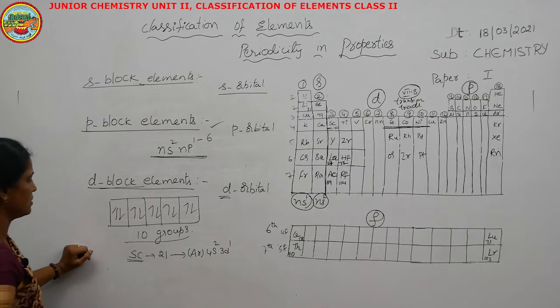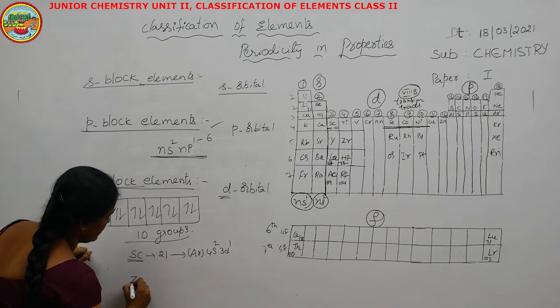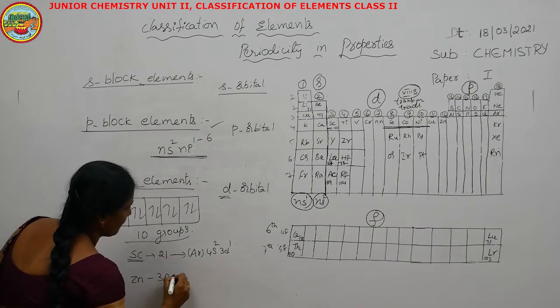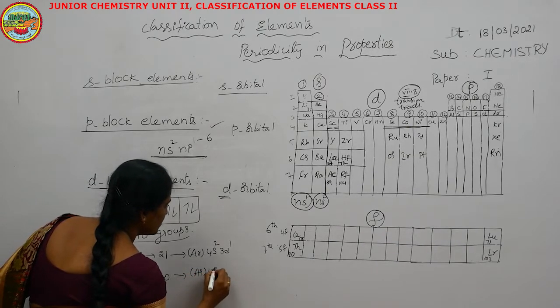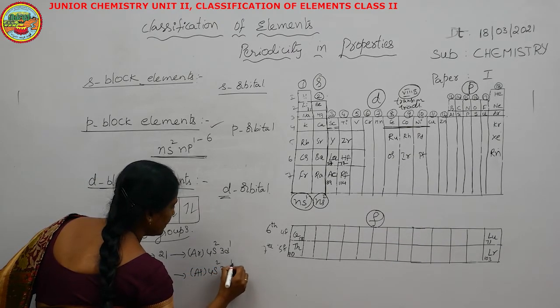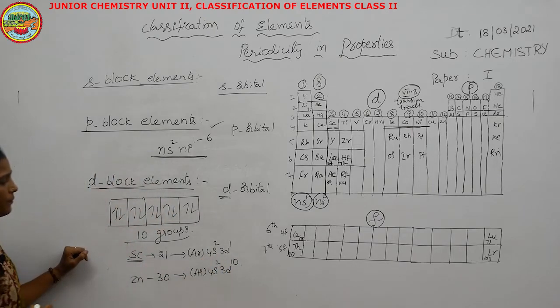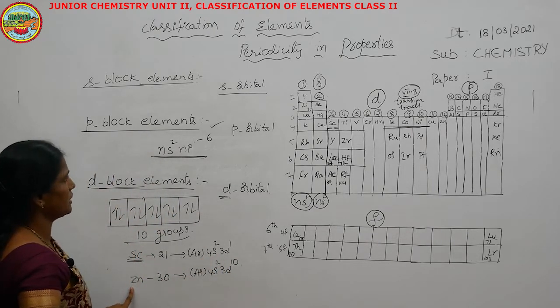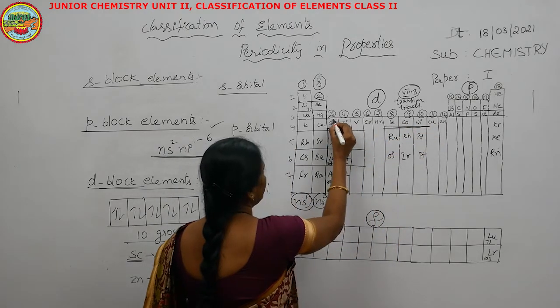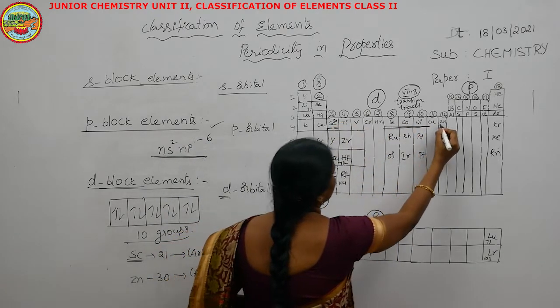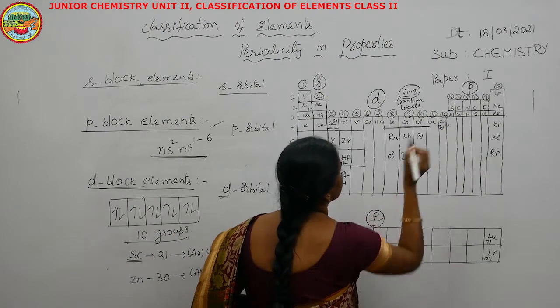And then zinc, 30, argon 4s2 3d10. That means scandium to zinc: 3d1 starts and 3d10 ends.